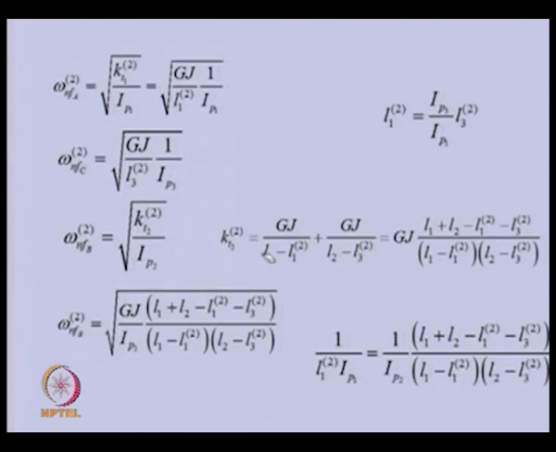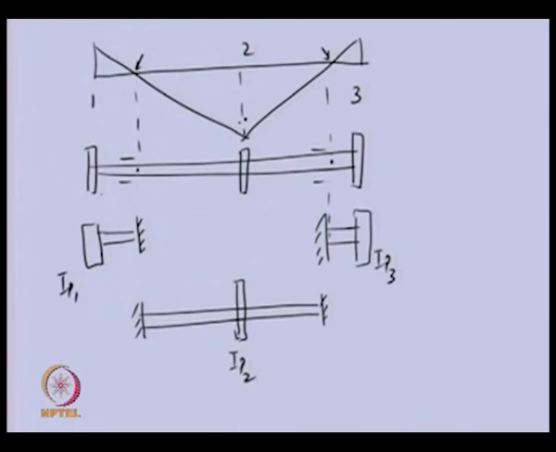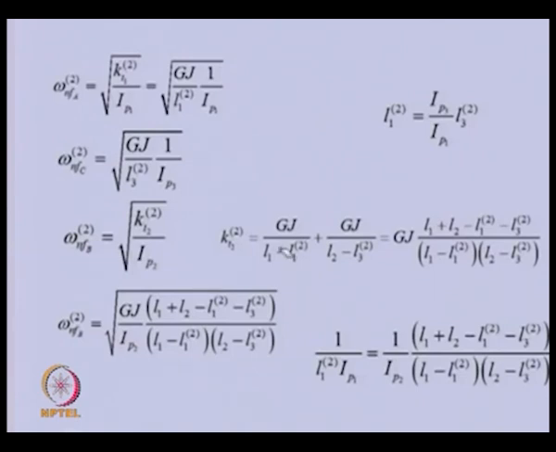We can see that L1 is the total length of the left hand side of the shaft segment. L1 is from here to here, and this is L3. And if you know this, we can get this by subtracting L1 minus this length. So, the same thing we have done here.